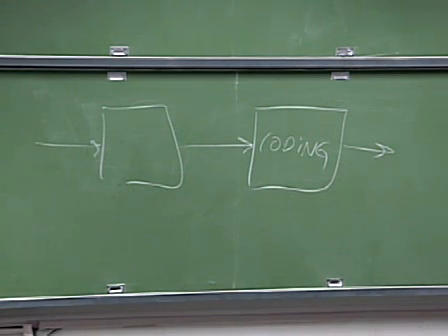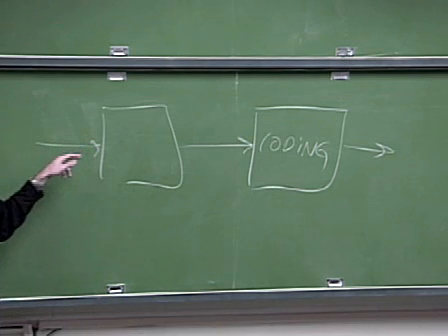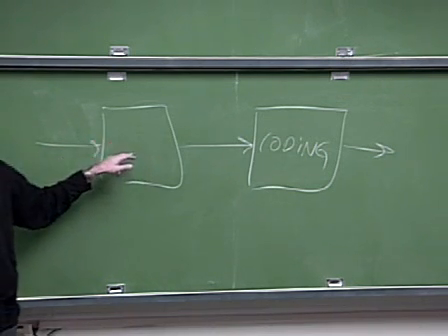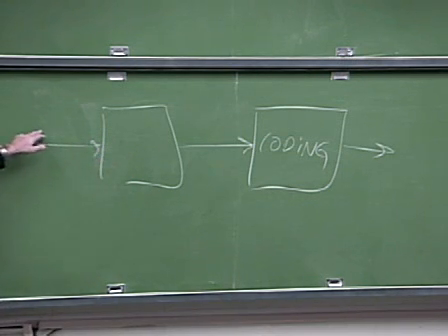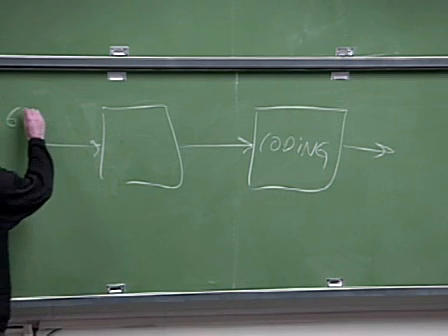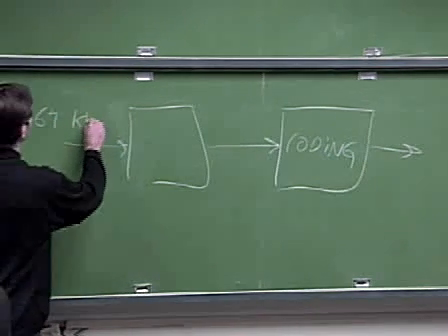Now, just to give you an idea, for example, your cell phones work like this. When you talk on the microphone, your voice is sampled and discretized, and then it's compressed very heavily, actually. Uncompressed voice requires, for good quality, 64 kilobits per second.